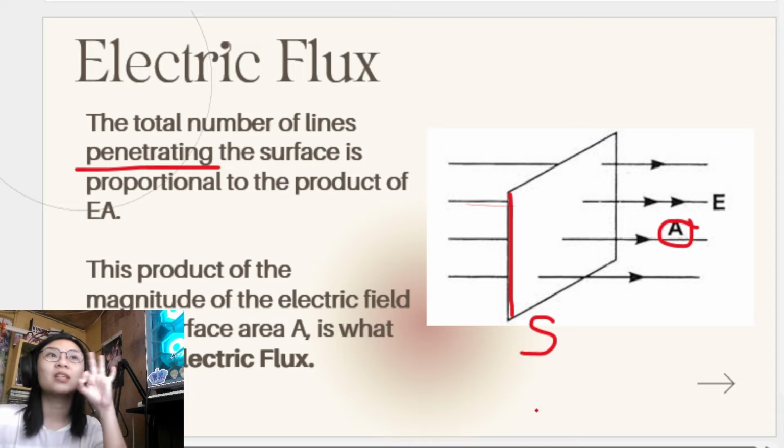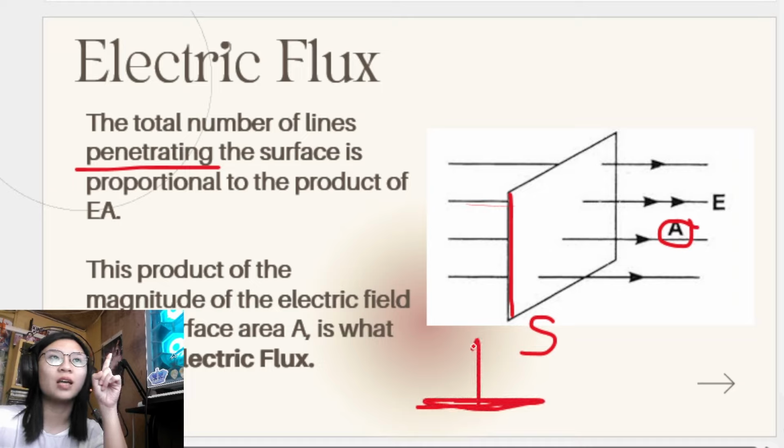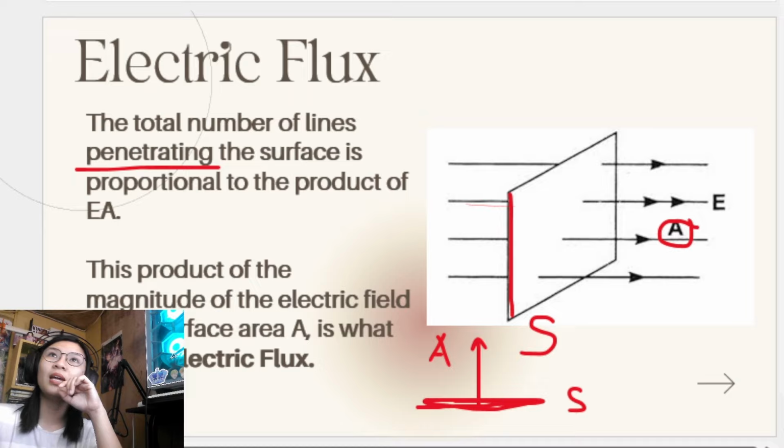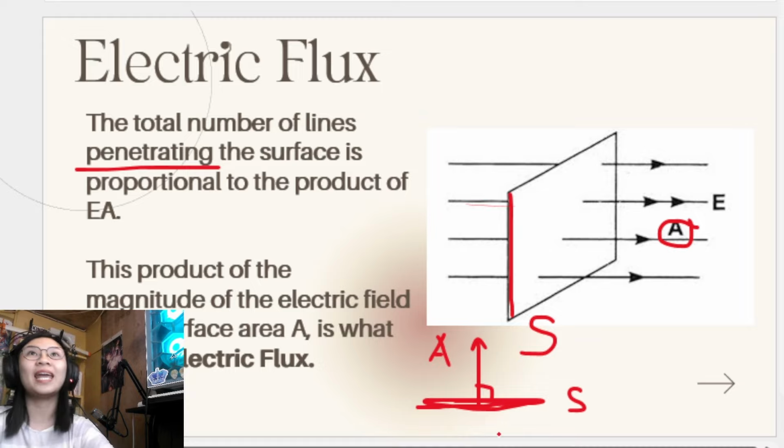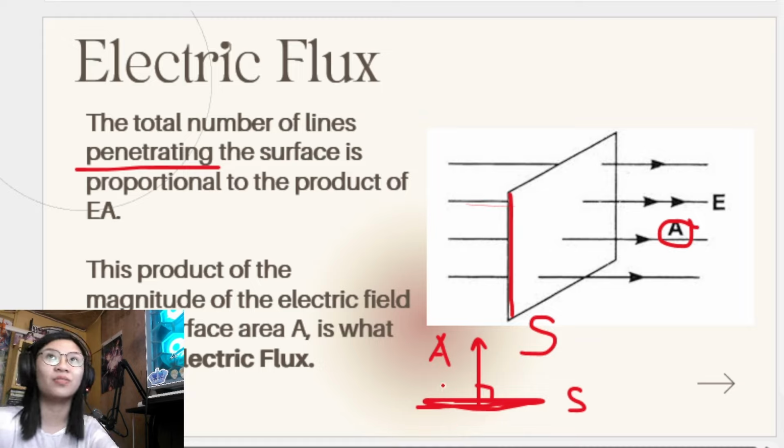Remember that there are three things: the surface, the electric field, and the vector A. If this is your surface, vector A is perpendicular to it. A is always perpendicular to your surface, forming 90 degrees, and that is why we also call A its normal vector.